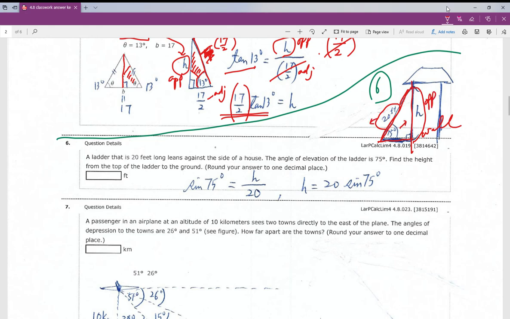And this is hypotenuse. And they provide the angle is 75 degrees. So when you have opposite to the hypotenuse, you need to use a sine function. And you multiply 20 on both sides. So reduce denominator. You have the height is 20 times sine 75 degrees. So you use calculator to evaluate the height.